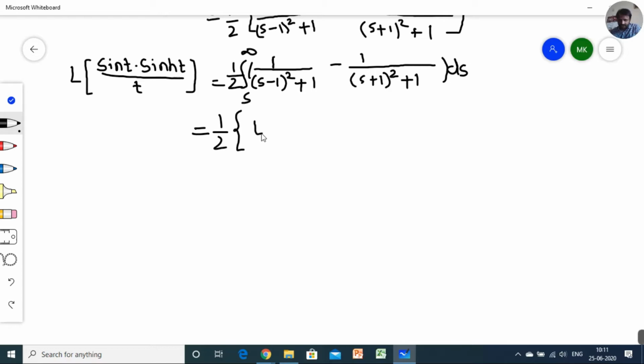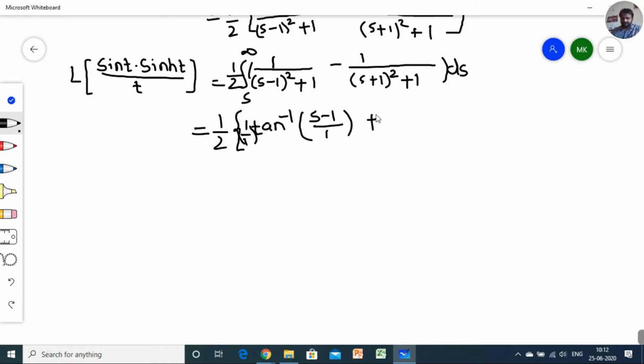So I am writing here tan inverse of x by a, but x is my s minus 1 here. So s minus 1 upon a, a means 1. So s minus 1 by 1, or you can write directly s minus 1 as it is, but I am just writing 1 by 1 by a.